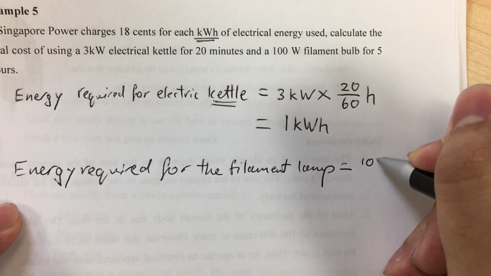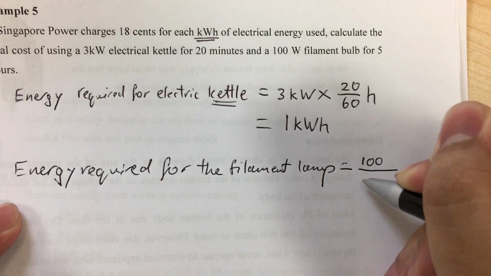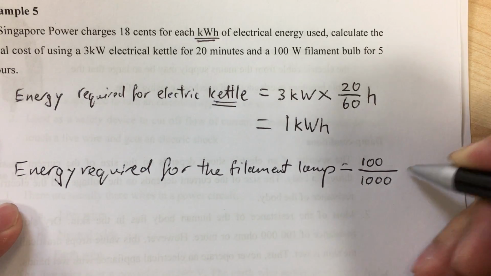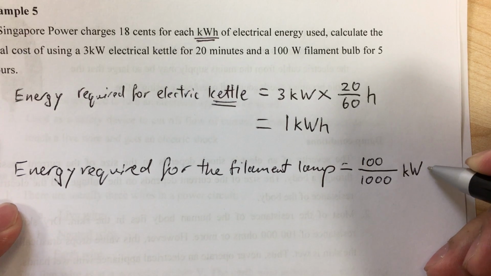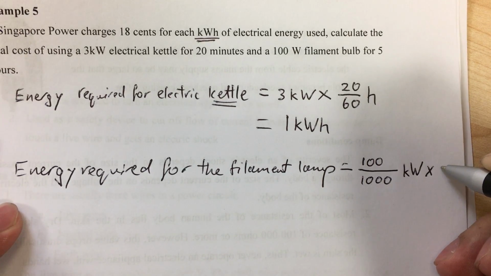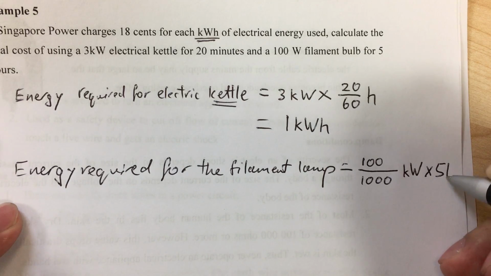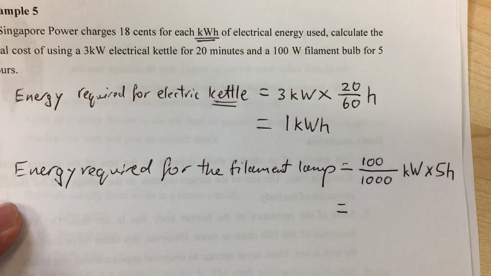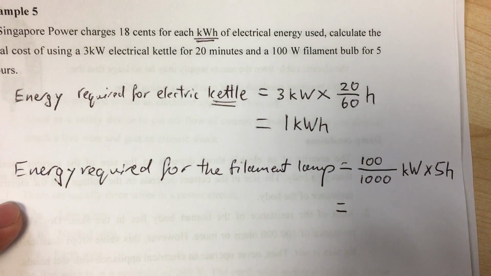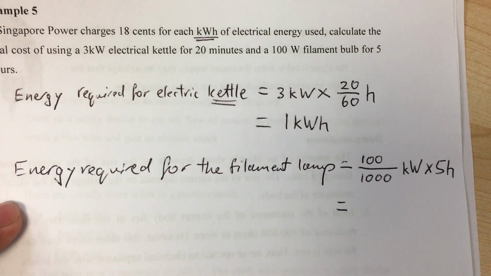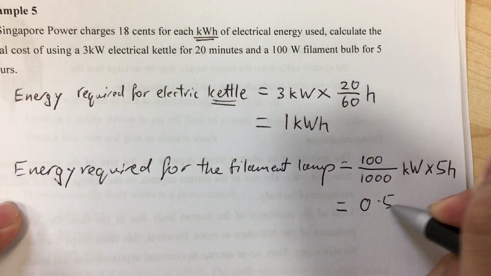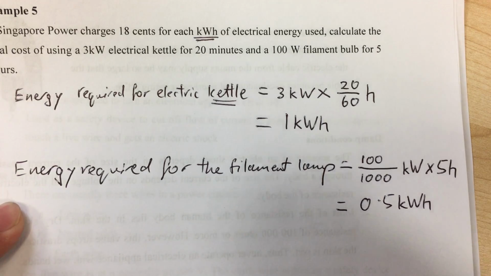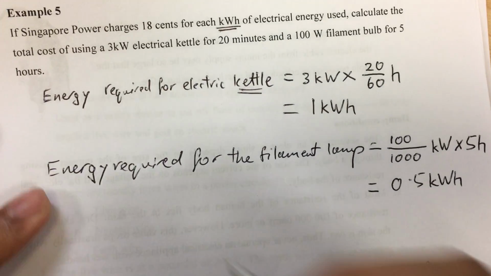Remember in this case, you need to change your power into kilowatts, and in order to do that, your 100 watts need to be divided by 1000. So if you've done it correctly, you should get this working and you get the following answer: 0.5 kilowatt hour.